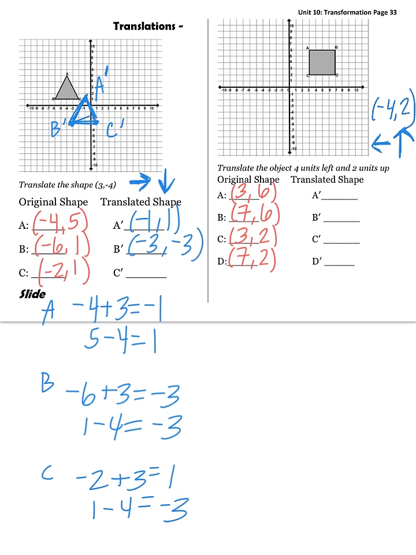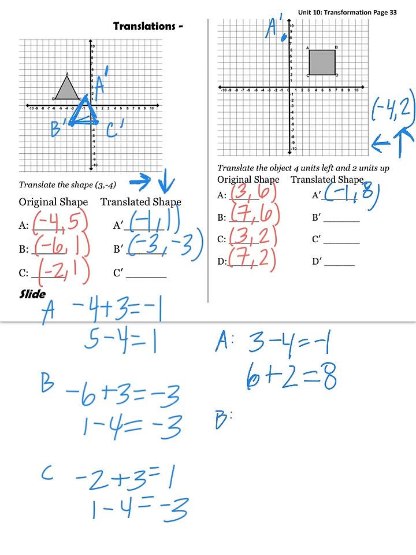Okay, so the original x value is 3. 3 minus 4 is -1. 6 plus 2 is 8. So we get -1, 8. That's A prime.